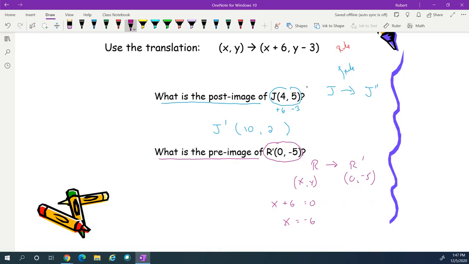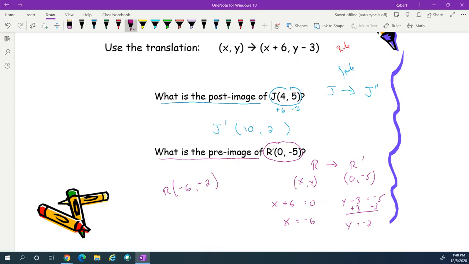For the y's, the original y, the rule says subtract 3 to get to R prime. Well, if we add 3 to both sides, we get y equals -2. So R, the original point, was -6, -2.